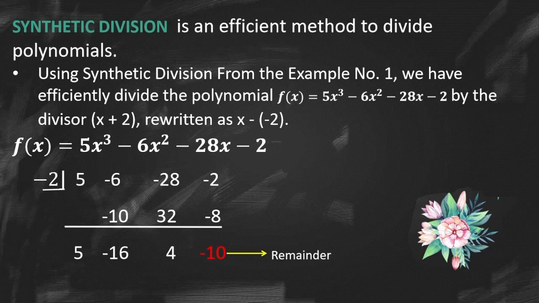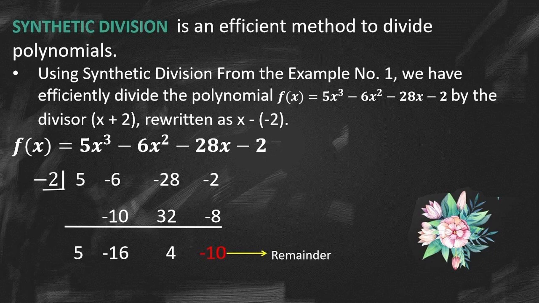This is from example number 1, where we have f of x equals 5x cubed minus 6x squared minus 28x minus 2, which is divided by x plus 2, our divisor. We rewrite the divisor x plus 2 as x minus the quantity of negative 2, so we use negative 2 in our synthetic division setup.